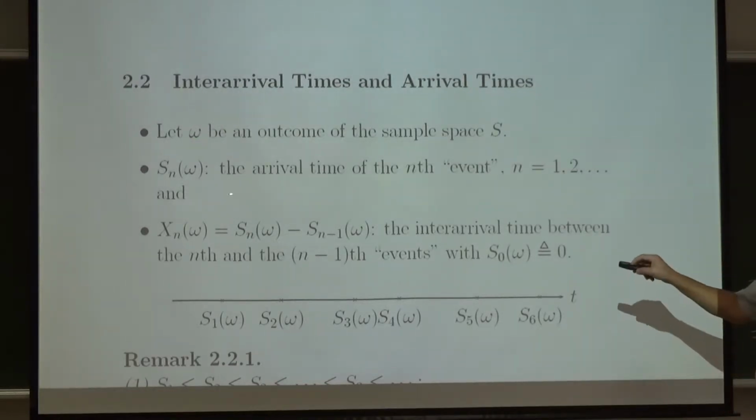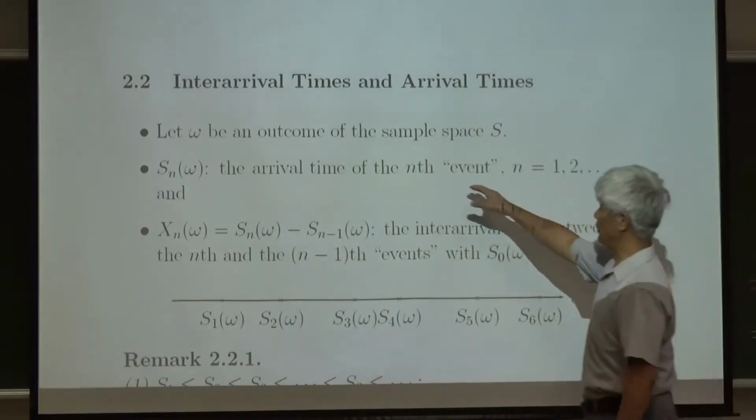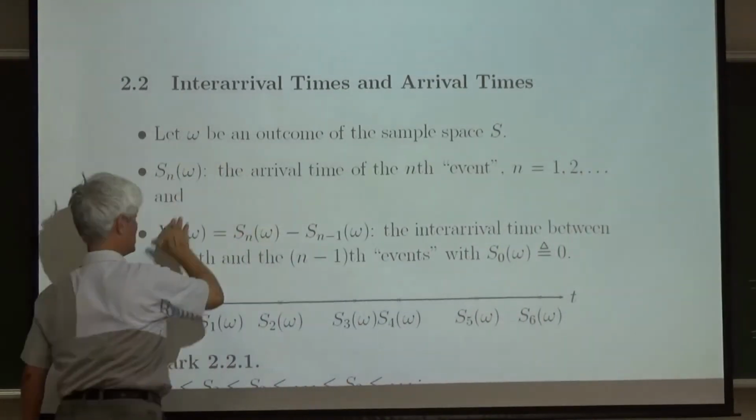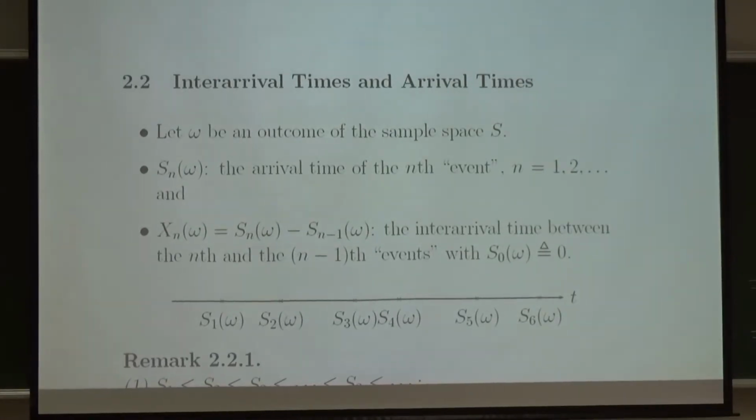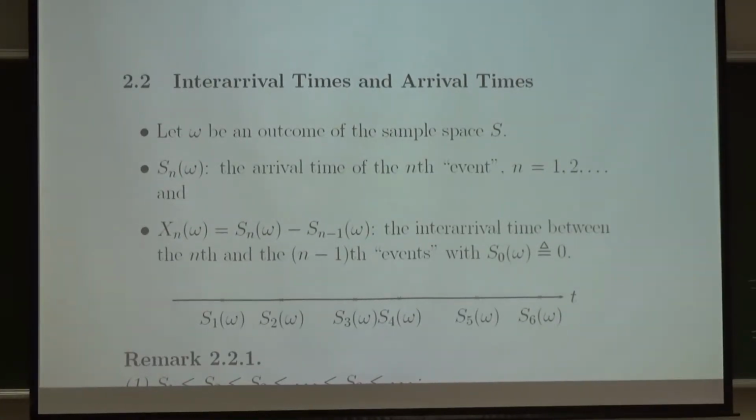For the point process, S_n(omega) is the arrival time of the nth event.